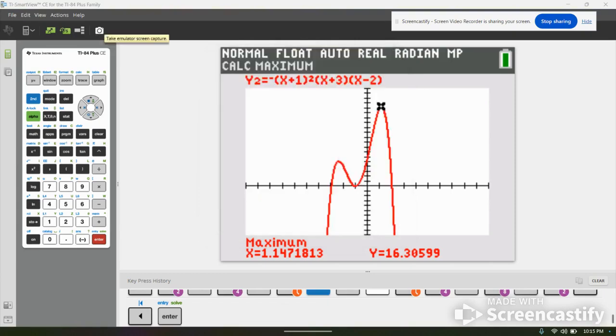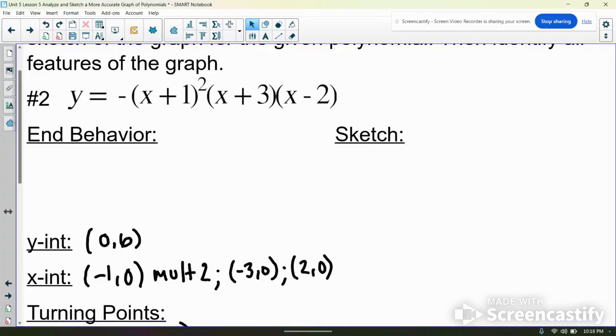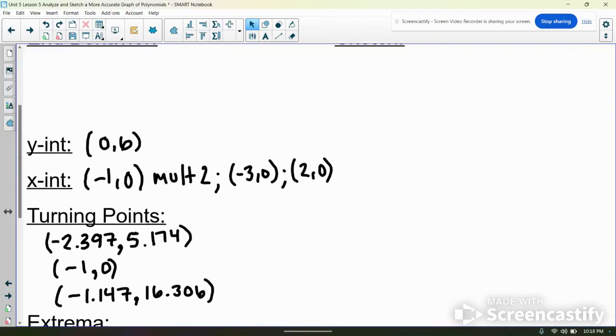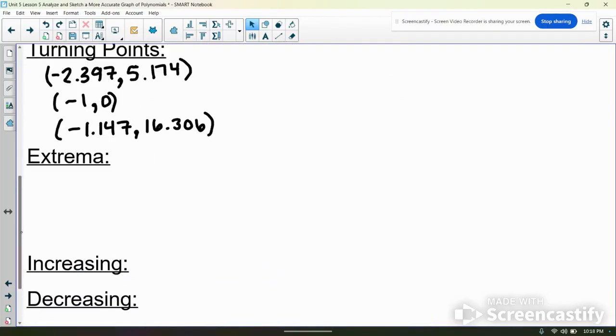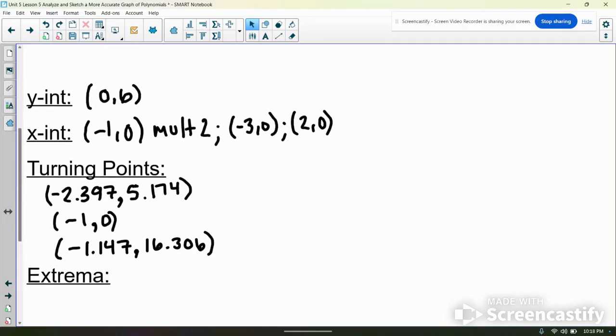So now we're going to take a second and transfer this information to our Smart Notebook. So for this one, we found our y-intercept of (0, 6). We found our two other turning points other than that -1 that had a multiplicity of 2, which was a turning point.